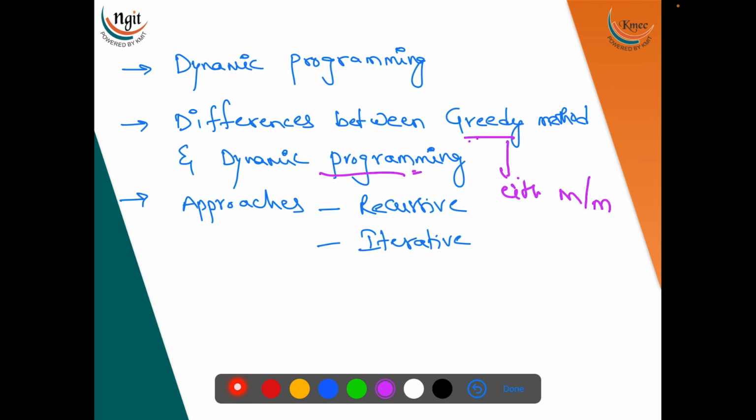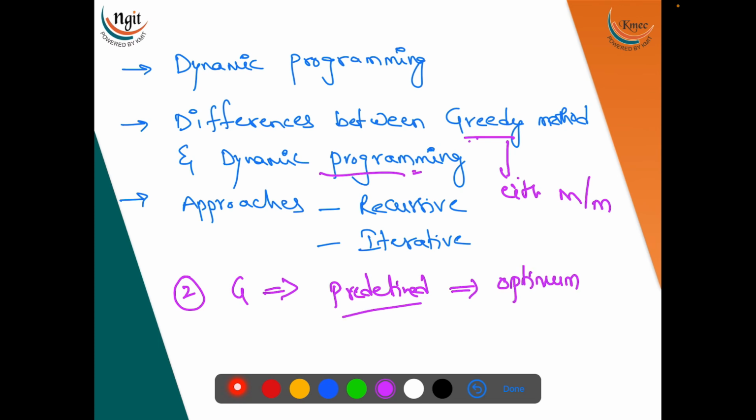The second difference is that in the greedy method, we follow a predefined procedure to get the optimum solution. I'll give an example to understand this: Kruskal's algorithm, which you might remember from previous lectures.